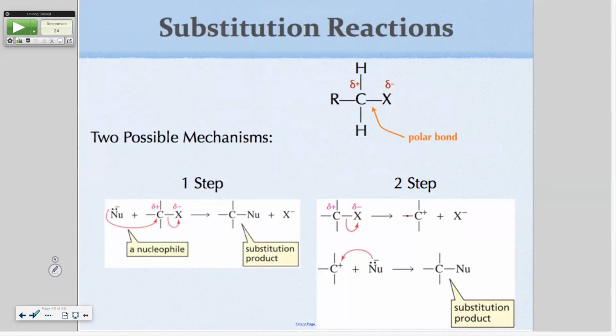Okay, so notice that this carbon right here has what on it? Yeah, a plus charge. So what is that called? Carbocation. Yeah, carbocation. That works. Okay. What do you know about carbocations?